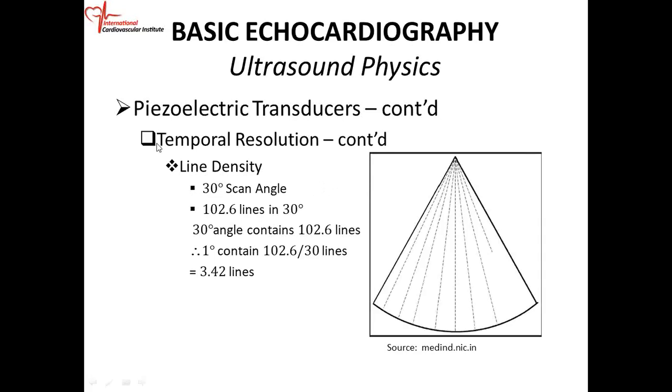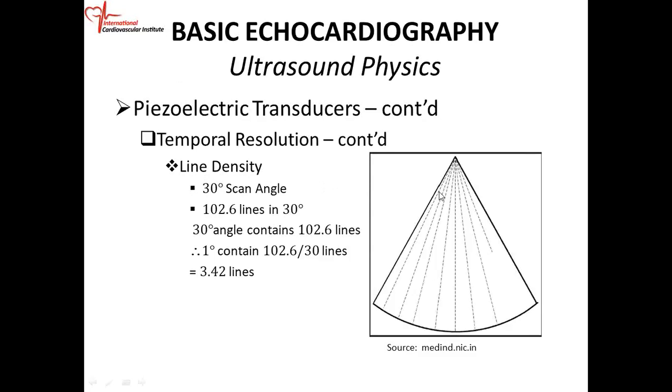So using the example I just gave you, if the scan angle is 30 degrees, remember we said that in each frame you have 102.6 scan lines.